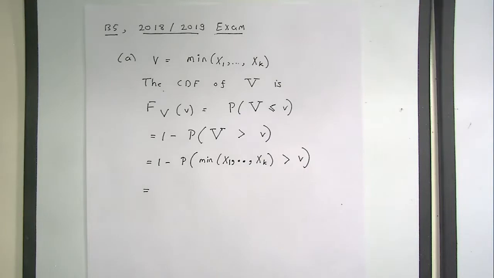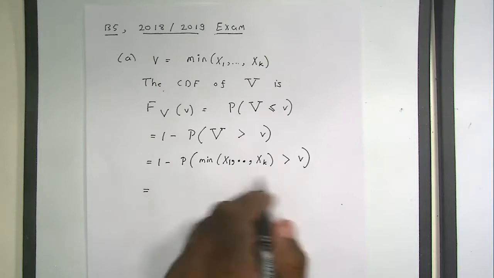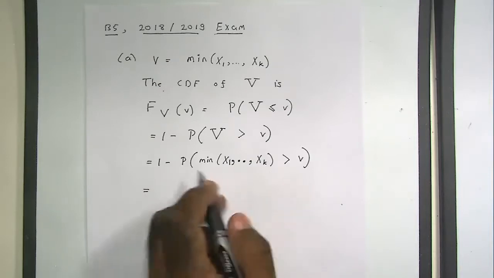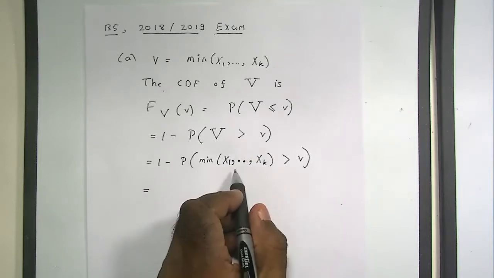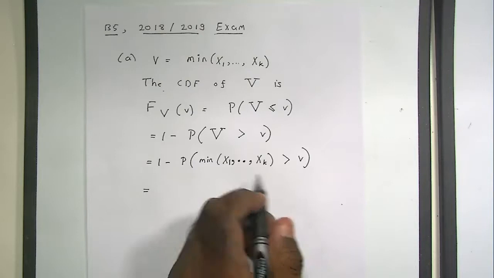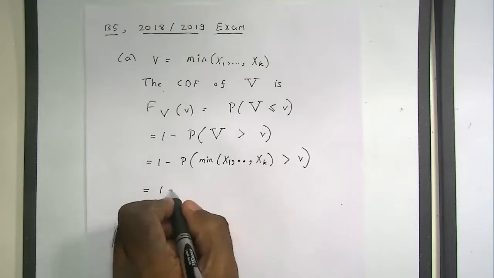What's the next step, guys? Tell me. If the minimum is greater than little v, then each of these x's has to be greater.